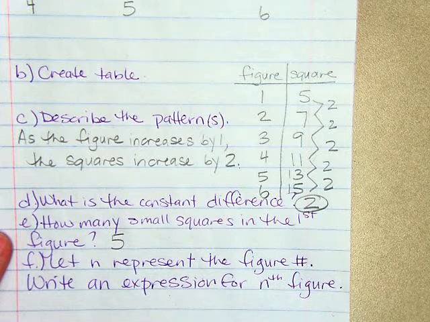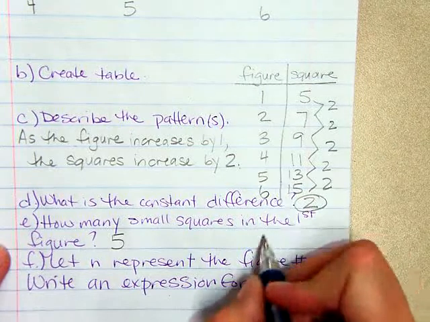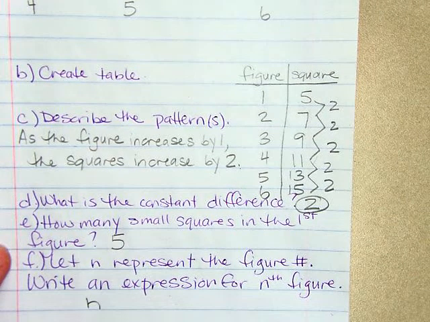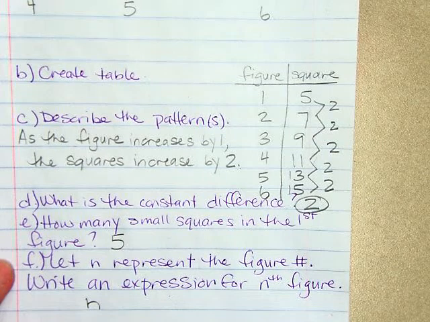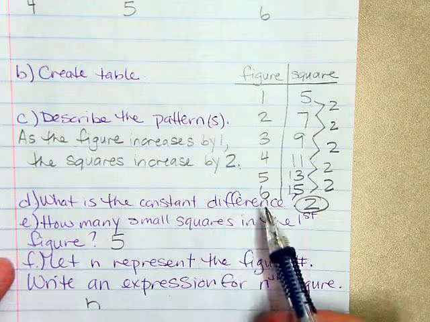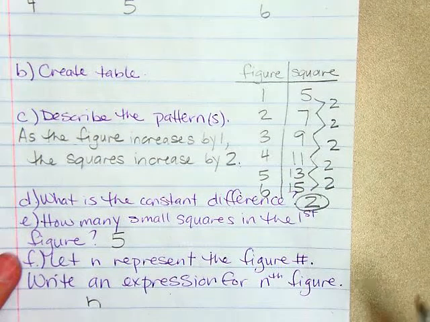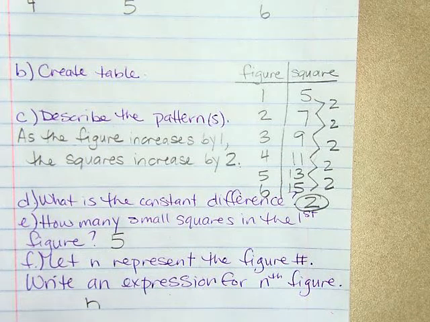And the last question for 22 says, let n represent the figure number. So if this chart was going to continue, it would be n. And write the expression for the nth figure. Now that's just another way of saying write the rule. So I need to know if I start with 5, but I'm in figure 1, how do I get from 1 to 5?